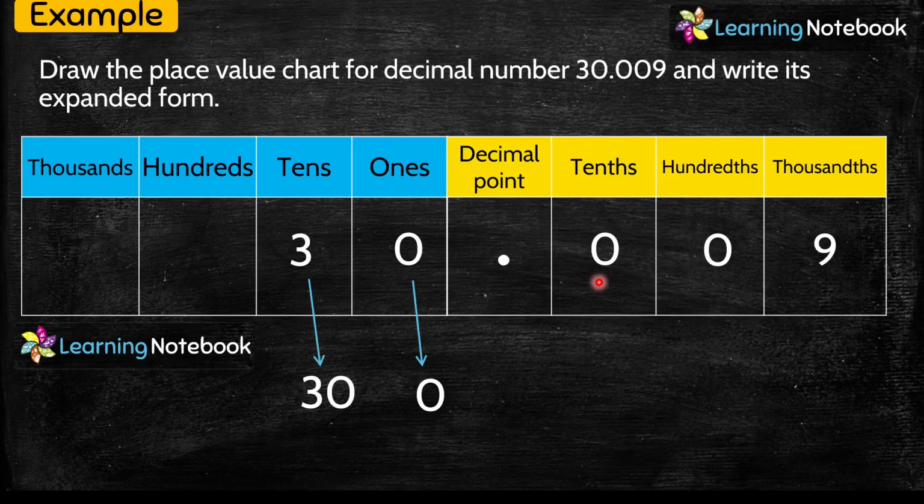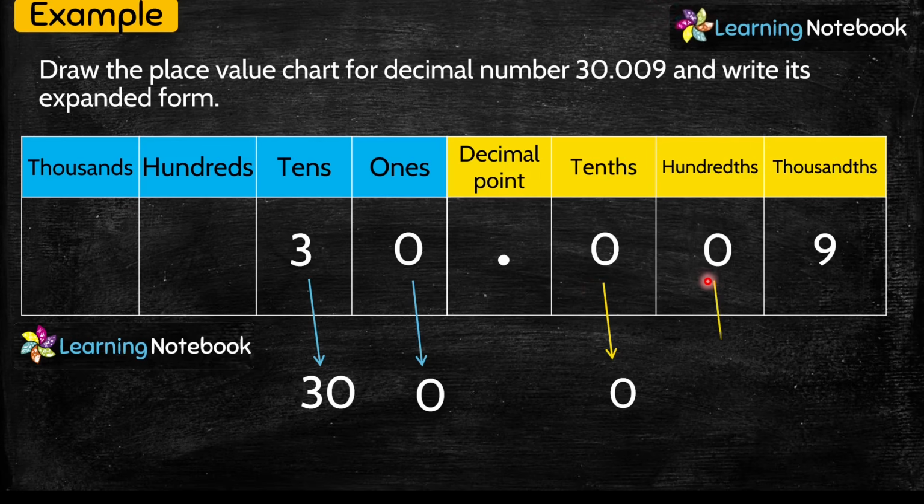Now let's find the place value of the decimal part. Place value of this 0 will also be 0. Students, do remember that place value of 0 always remains 0 irrespective of its place.